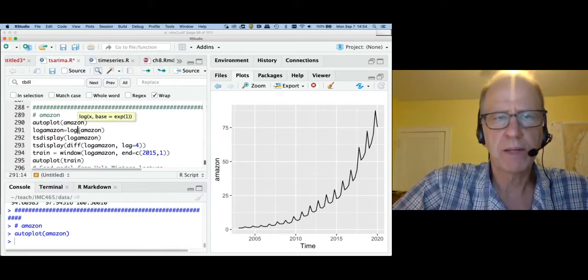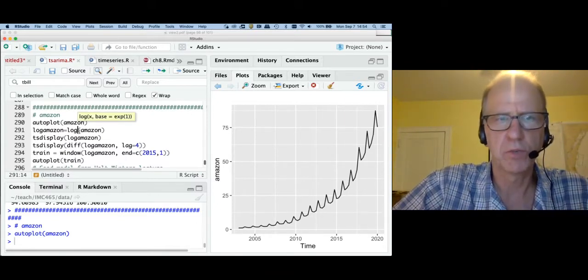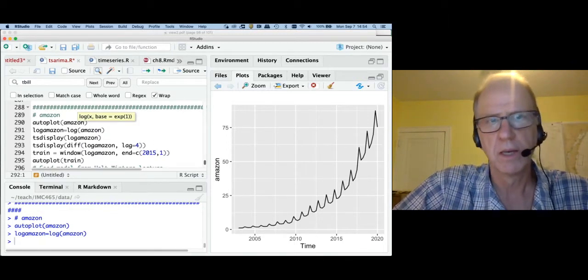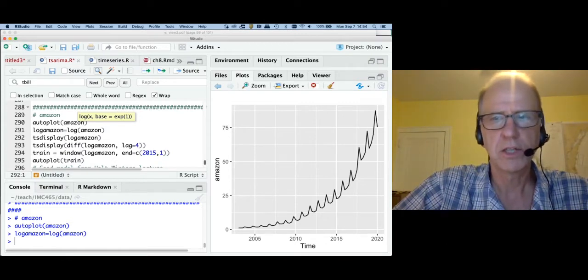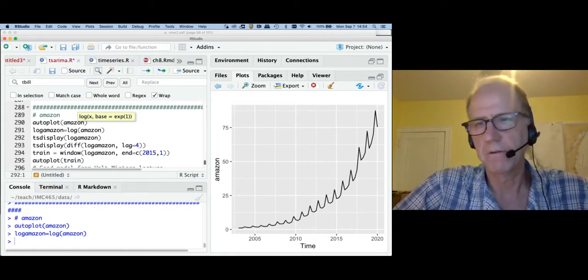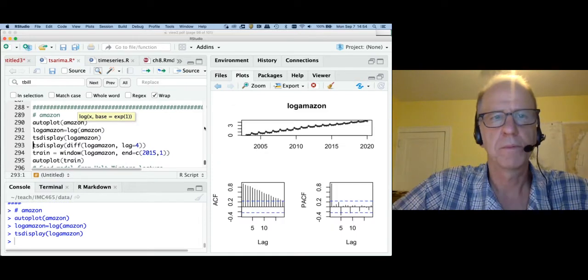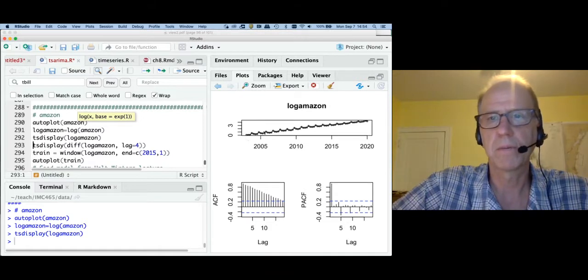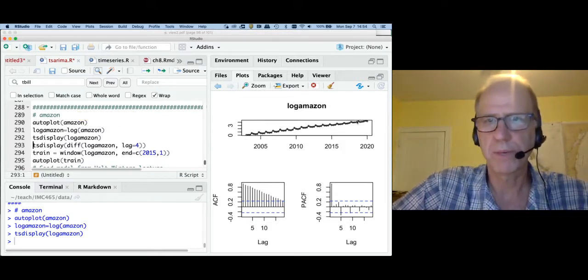What we learned back in the Holt-Winters section was a log transform does a pretty good job of fixing the exponential growth and the changing amplitude of the seasonal effects. If we look at the time plot, we see that the exponential growth has become a linear trend in log space.